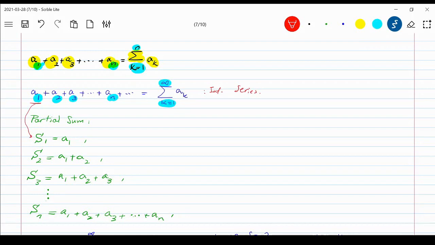If you look at the two terms together, a_1 plus a_2, that would be the sum of the first two terms. You can write it as S_2. The sum of the first three terms, you can say this is S_3. So on and so forth, the sum of the first n terms of the sequence would be S_n.